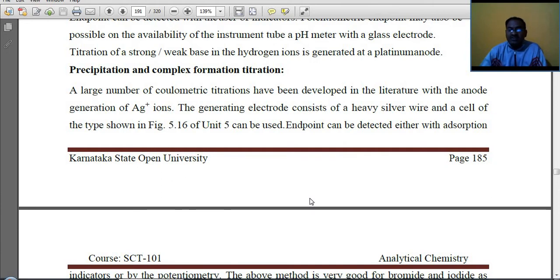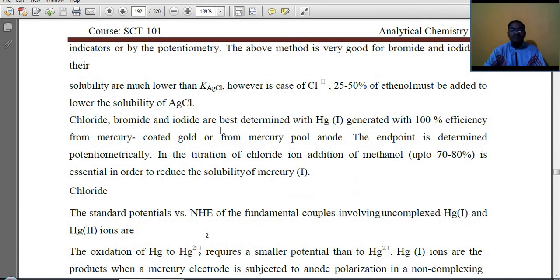The generating electrode consists of a heavy silver wire and a cell of the type shown in the figure. Here, we have to take AgCl as an example. 25 to 50% ethanol must be added to lower the solubility of silver chloride.